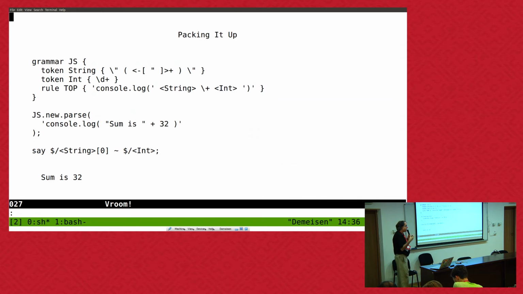You would feed your rule into that, and it will go through and parse out all of the console log statements, look for the string, parse that out, look for the integers, parse those out, and lo and behold, we have a method called parse on our grammar. We call that method on the grammar, and it does its internal work, creates the match object, and we can run say on that.